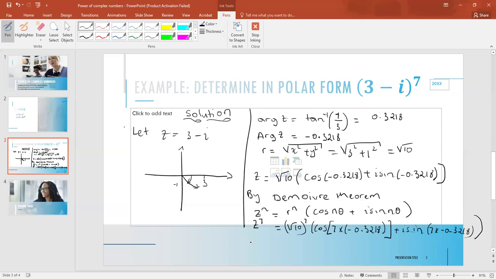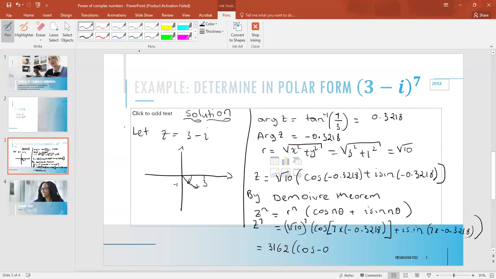So our final answer would be: the square root of 10 to the power 7 is approximately equal to 3.62, times the cosine of 7 times minus 0.3218.